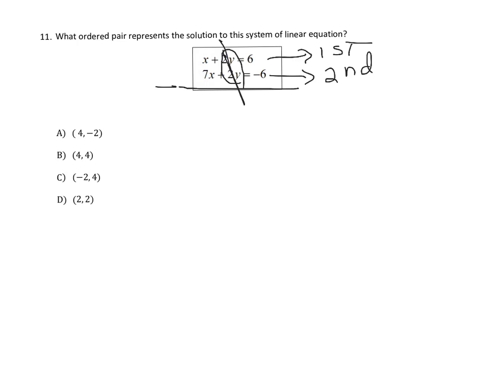So x minus 7x gives you -6x, and that equals 6 minus -6.